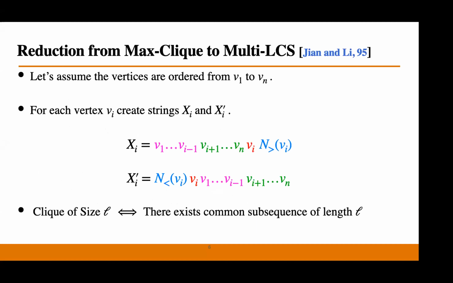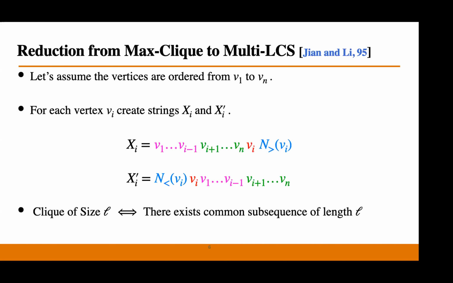In string xi, the vertex Vi comes in between, all the vertices except Vi in increasing order of their index come before Vi, and all the neighbors of Vi which have index greater than i come after that. For string xi prime, Vi comes in between, before Vi all the neighbors of Vi with index less than i come, and after Vi all the vertices except Vi come.